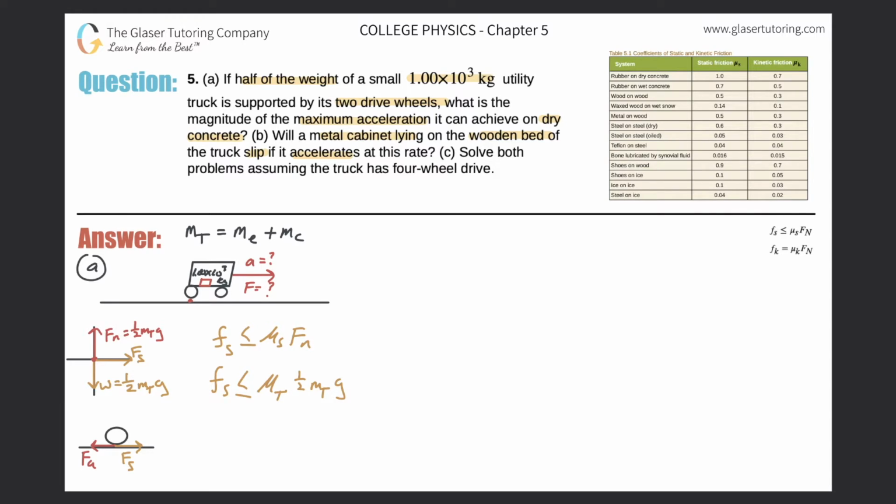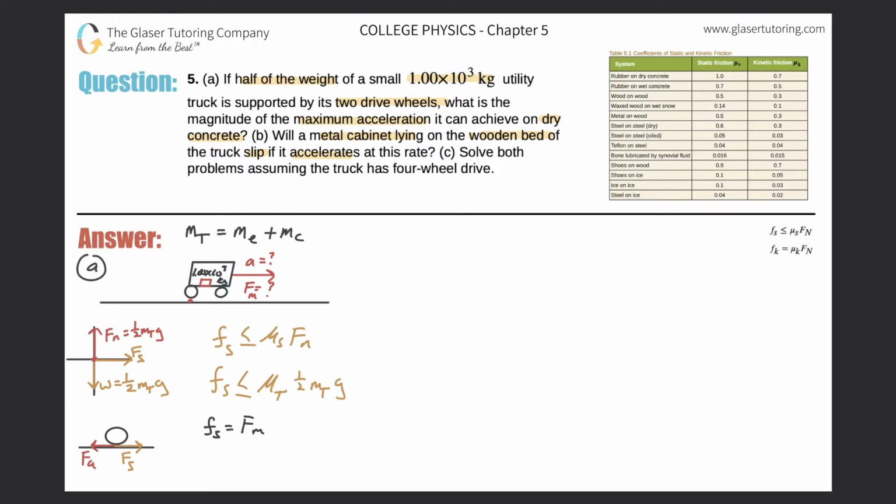Now we have the realization that I described before. The force of static friction in the problem is equal to the force of motion, I'll call it little m, right over here that I just drew. Okay, this little m. That's the force of motion. We just discussed that.